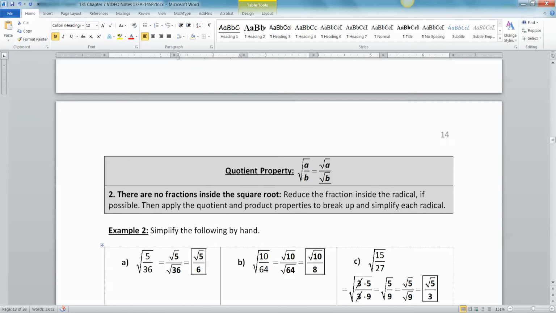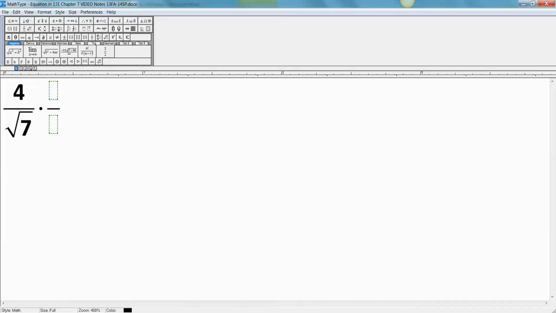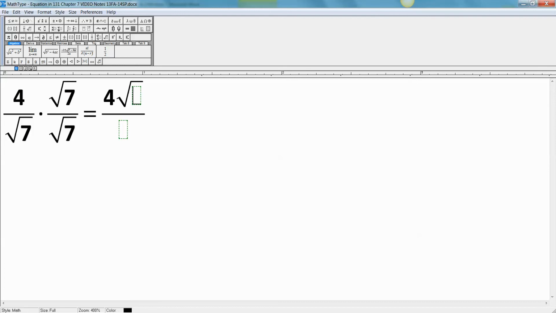So if I can make 49, then we'd be great. The way I can do that is multiplying by the square root of 7 over the square root of 7. By doing that, I'll turn my numerator into 4 square root of 7, and my denominator will become the square root of 49. But the square root of 49 is 7. So that's 4 square root of 7 over 7, and we're done.